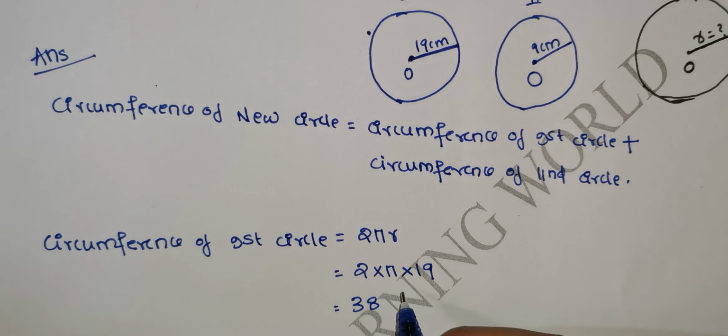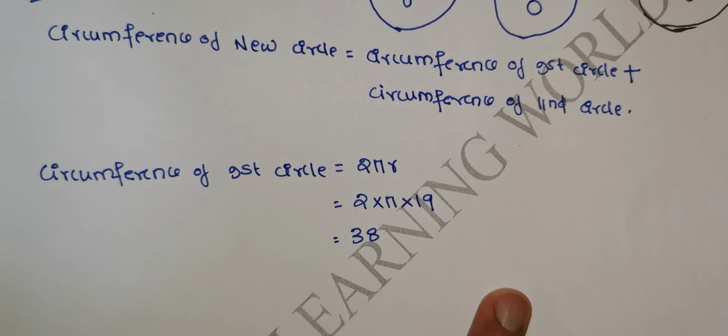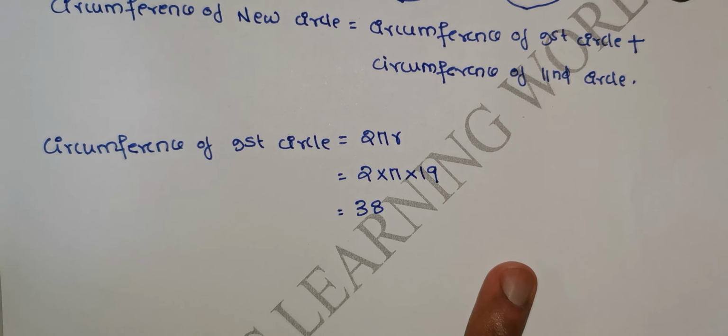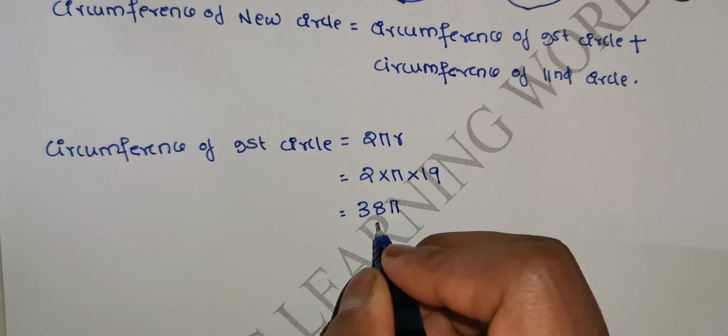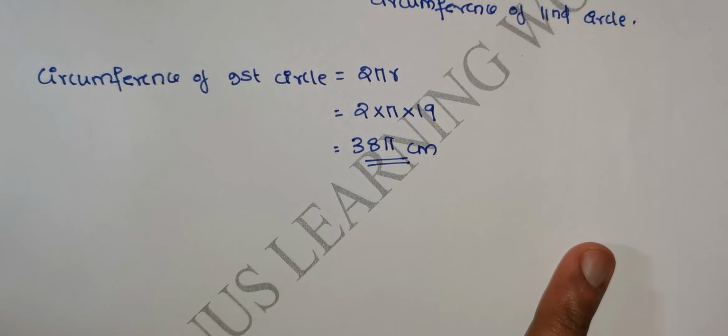Now I am not substituting the value of pi because we will be able to cut the pi at the last. If you are multiplying the value of pi, you can just multiply by 22 by 7, it is not a problem, but that is a very long process. So just keep it like this: 38 pi centimeter. That is the circumference of the first circle.